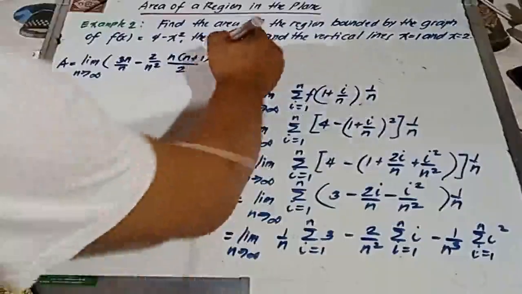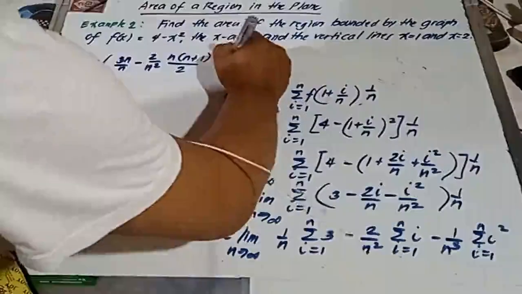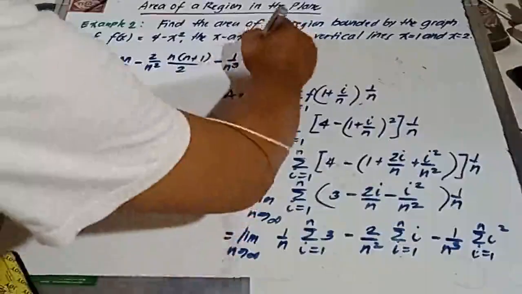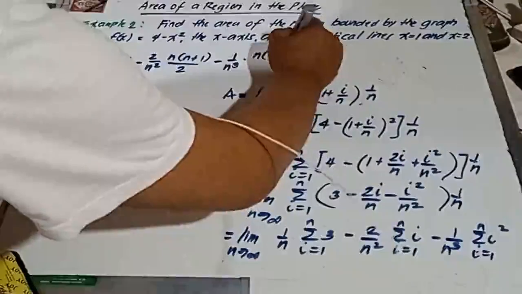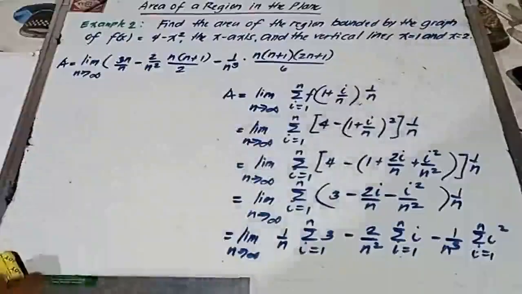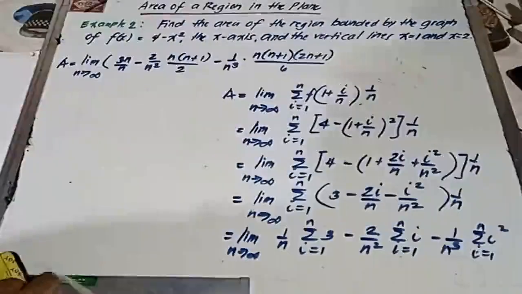And that is equal to minus 1 over n cubed, that is n times n plus 1 times 2n plus 1 over 6. Okay, pwede ko na itong erasin.